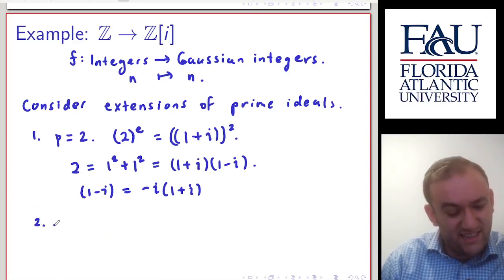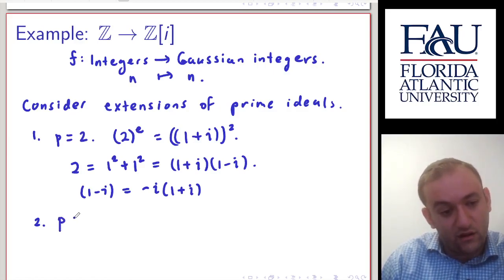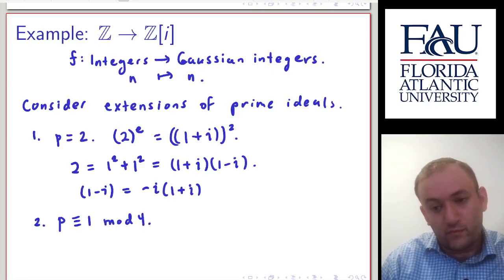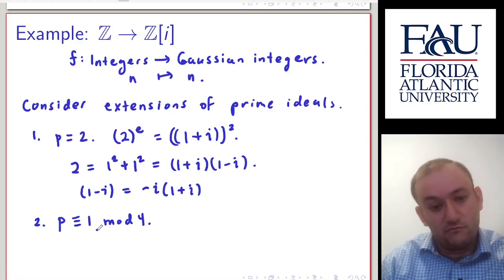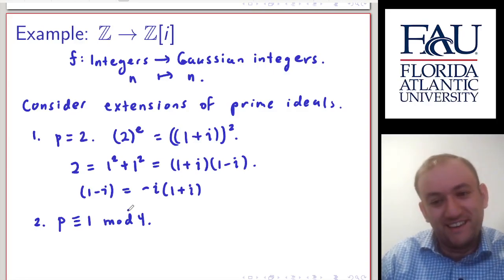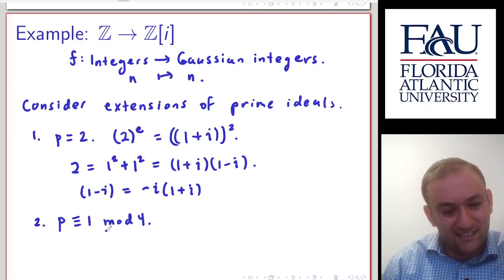What's the next case? The next case is primes that are congruent to 1 mod 4. What happens in that case? An example of this would be 5 or 13.